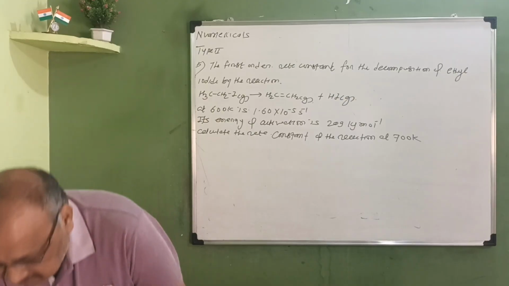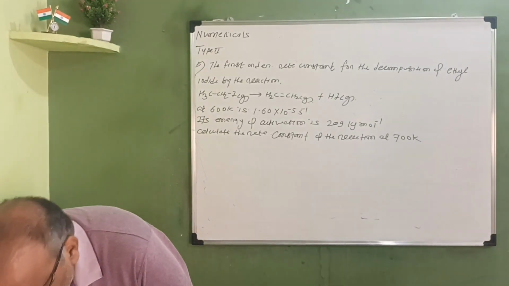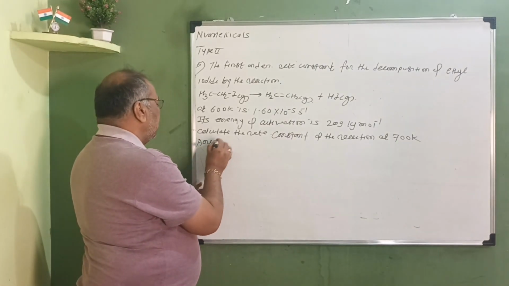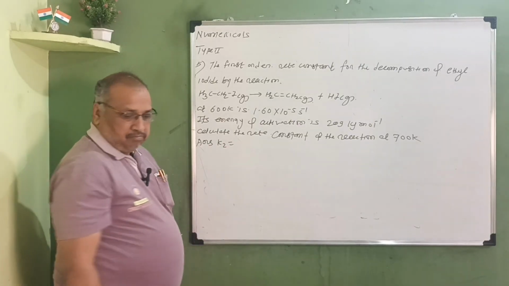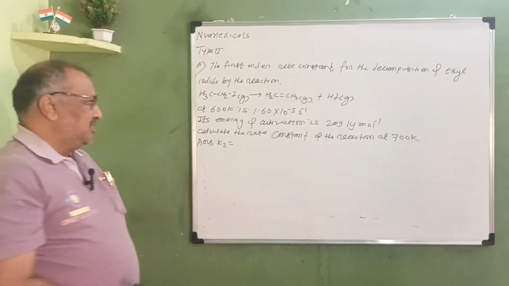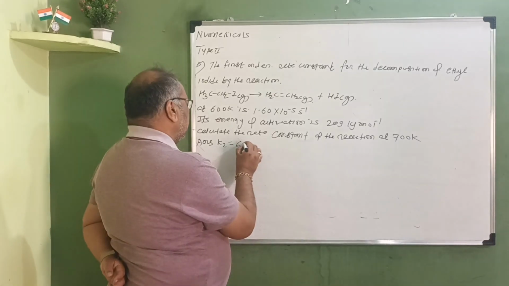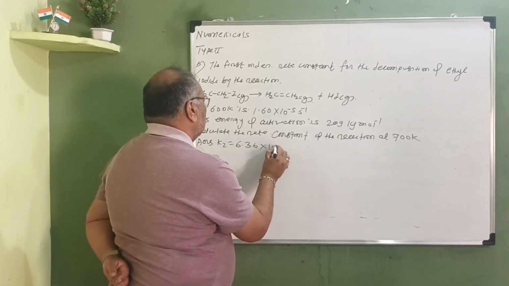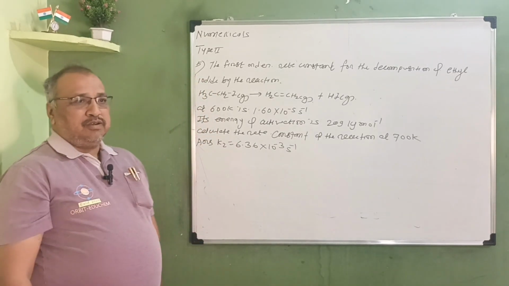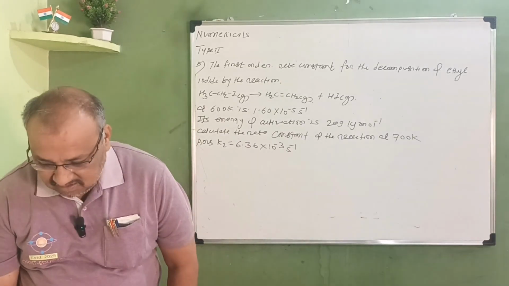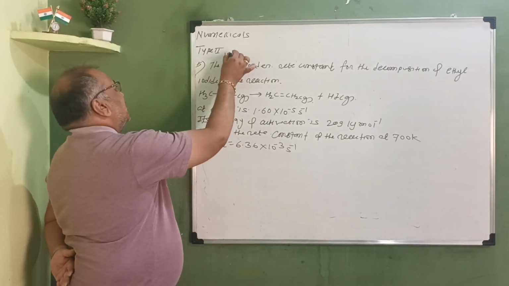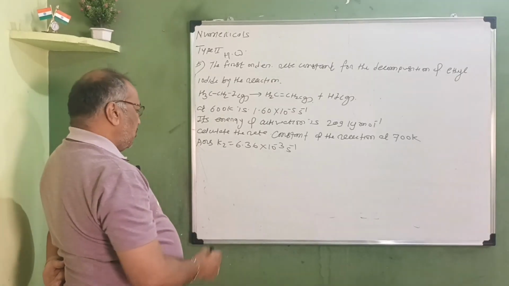Now here answer K2 is equal to 6.36 into 10 to the power minus 3 second inverse. Now this numerical is also for homework.